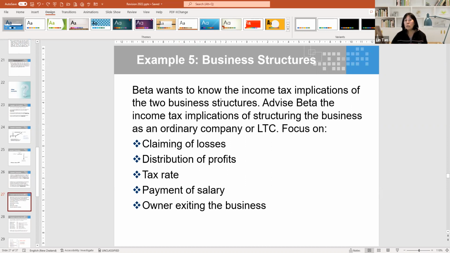Now, sometimes the question might ask you, give some advantages of carrying on business using a partnership or using a trading trust, right? So sometimes it might ask you, give 3 advantages and maybe 2 disadvantages.